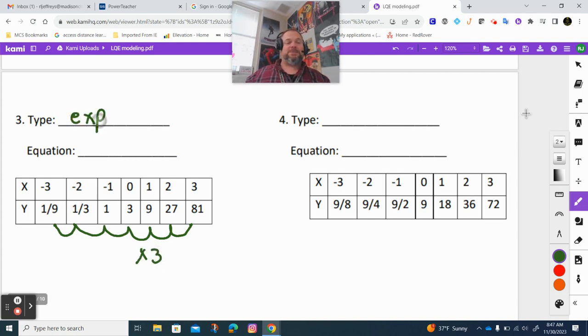This means this is an exponential. This means this is our r. All right. Now, define our a sub 0. We look where x is 0. X is 0 right here. That means our a sub 0 will be 3.